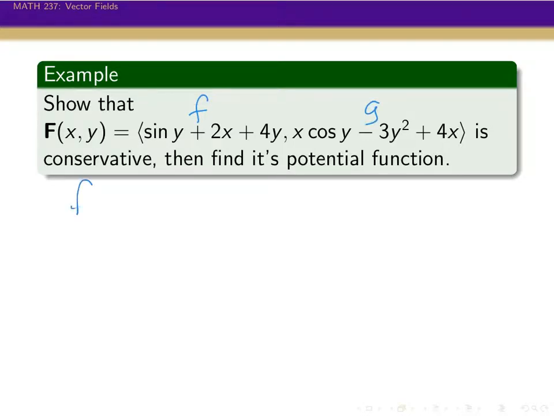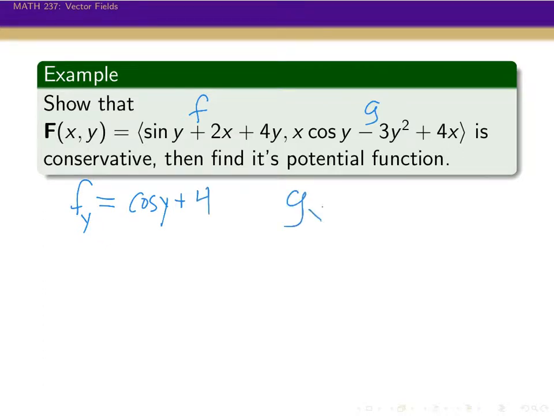So if I take my f, take the partial in terms of y, the derivative of sine y is cosine y, plus 2x goes away, plus 4y gives me 4.